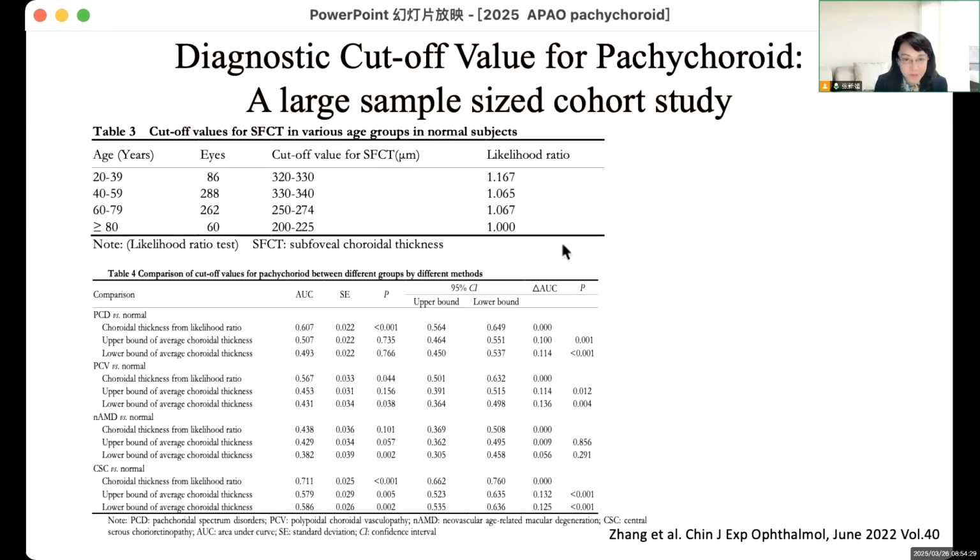An objective diagnostic criterion has been proposed, and its performance was compared with the traditional average value-based standard using ROC curve analysis. The results confirmed that it is more accurate and reliable than the conventional metrics. As you can see, the diagnostic values are determined based on different age groups.